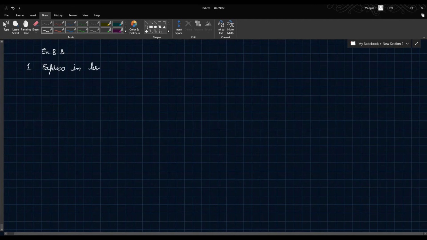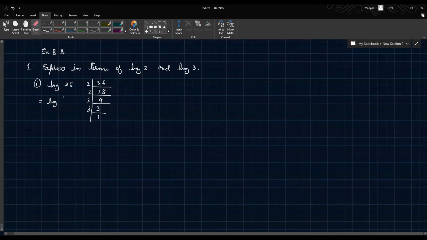Express in terms of log 2 and log 3. So first you have log of 36. Okay, so what we do here is find the prime factors of this. Log of 36 is written as 2 squared into 3 squared.